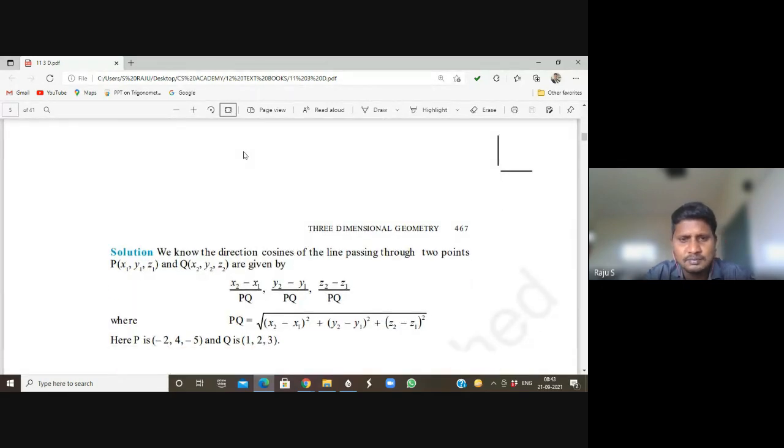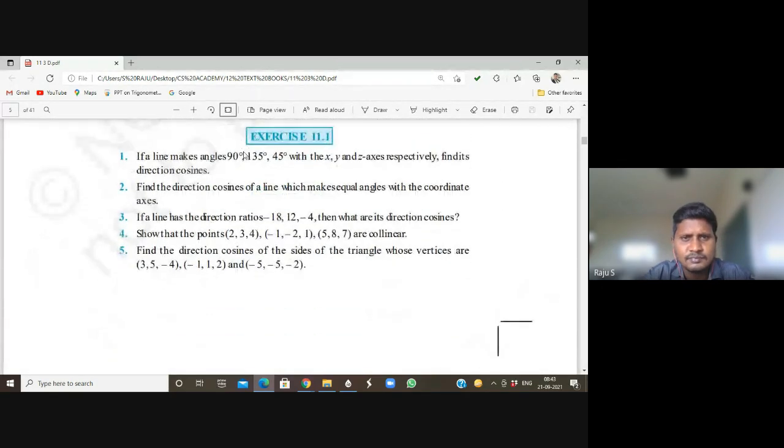Right, students. First one: if a line makes angles 90, 135, 45, say alpha, beta, gamma with the x, y, z axes respectively, find its direction cosines. Is that difficult? What are the direction cosines?